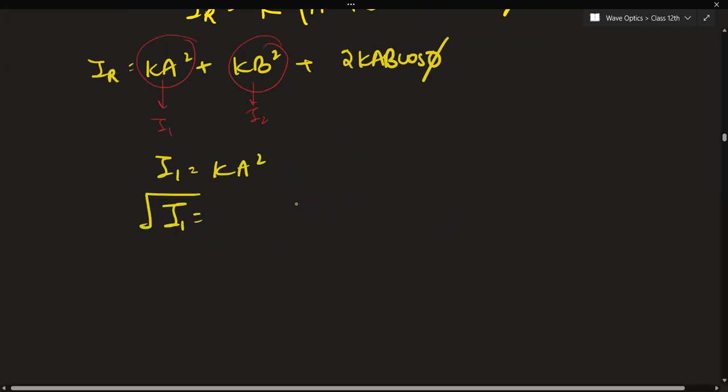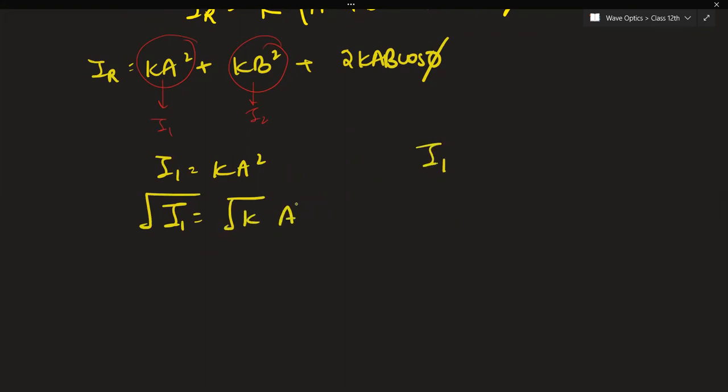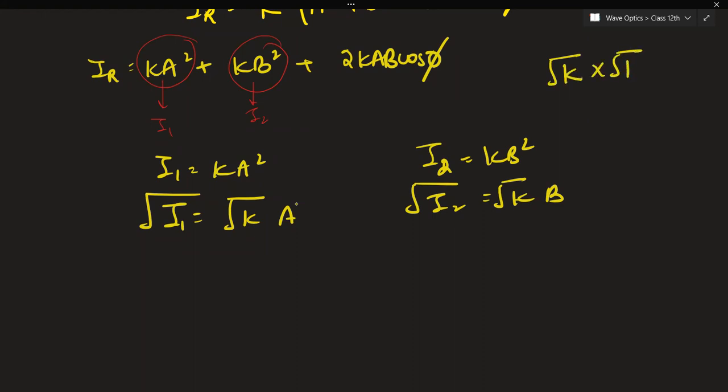Under root I1 is equal to under root K multiplied by A. Same thing, I2 is equal to Kb square, so under root I2 is equal to under root K into B. All right. Now class, tell me one thing. Ka square is I1, Kb square is I2. Tell me, under root K multiplied by root K, what is this?